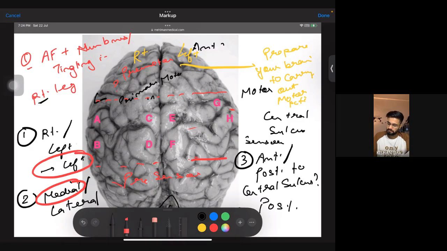Tell me the answer. Posterior. Why posterior? Explain it. Because the sensory cortex lies behind the central sulcus. Perfect.